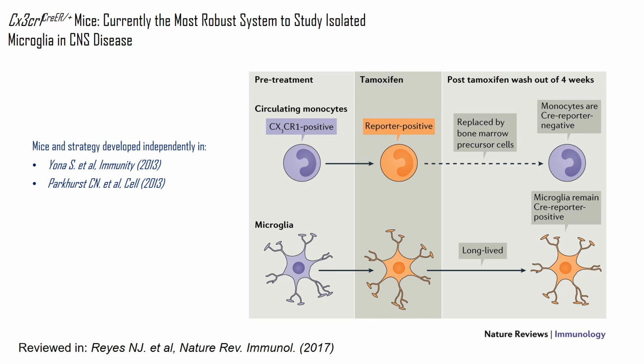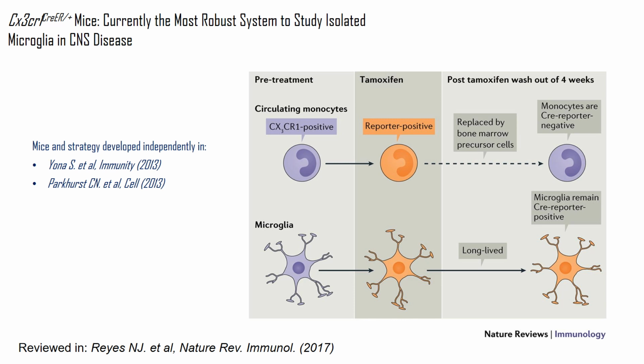The way this works, fractalkine receptor, which is expressed both by monocytes and microglia, upon tamoxifen pulsing, both populations become reporter positive. The floxed reporter stop codon allows for reporter expression for the lifetime of the cell. Now, in the case of monocytes, these are short-lived. So once they die, within 2 weeks, they're repopulated by hematopoietic stem cell precursors, and their progeny are no longer labeled.